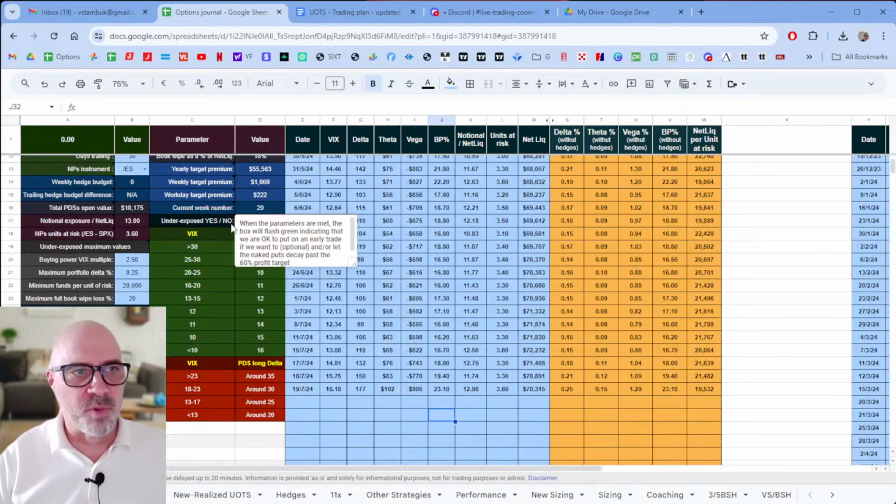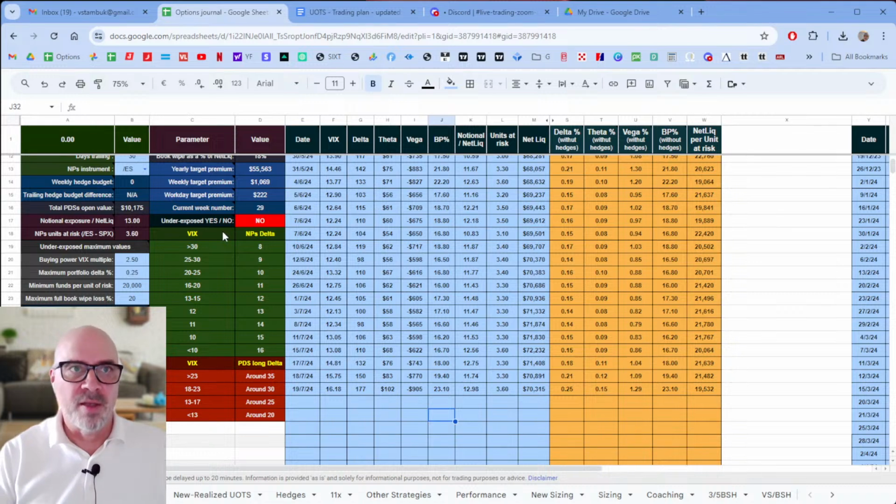One is underexposed, yes or no, which is just for a little extra premium that we would get keeping some naked puts open for longer.